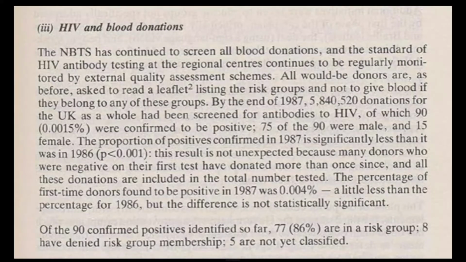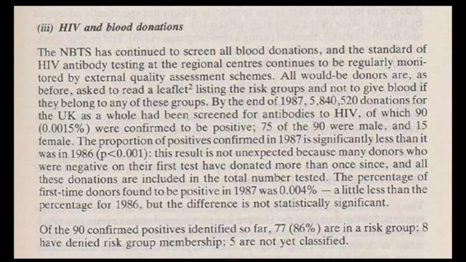All the would-be donors were given the AIDS leaflet, and it notes that by the end of 1987, a large number of donations had been screened for antibodies to HIV. 90 had been confirmed to be positive.